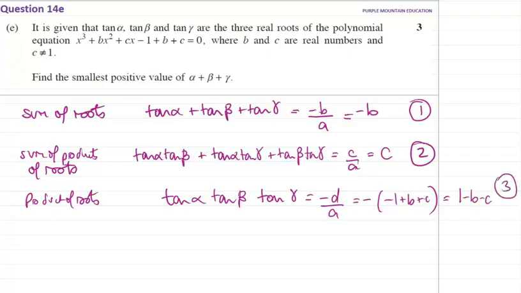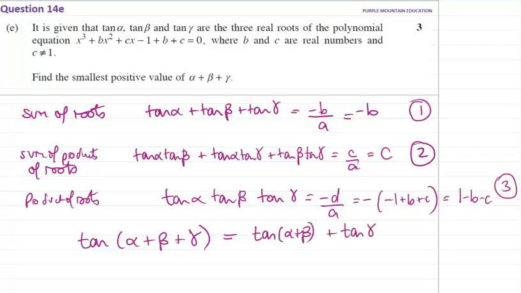All right, we're interested in the smallest possible value of alpha plus beta plus gamma, but it might be worthwhile to work out tan of alpha plus beta plus gamma. So let's go ahead and do that. Tan of alpha plus beta plus gamma. Using our formulas, that's tan of the first term, which I'll group alpha and beta together, plus tan of the next one, all over 1 minus tan alpha plus beta tan gamma.